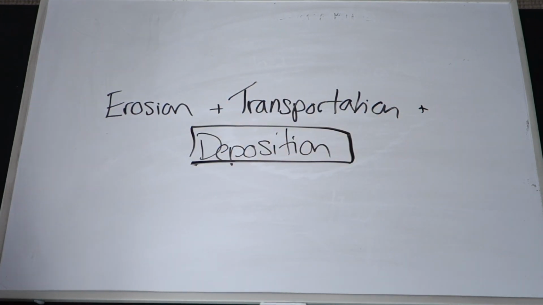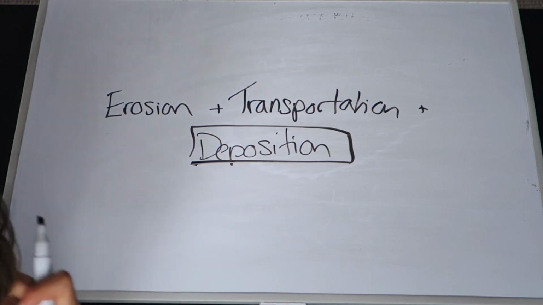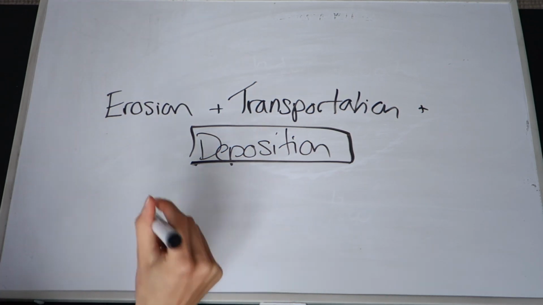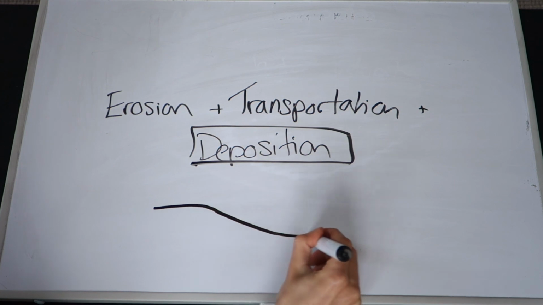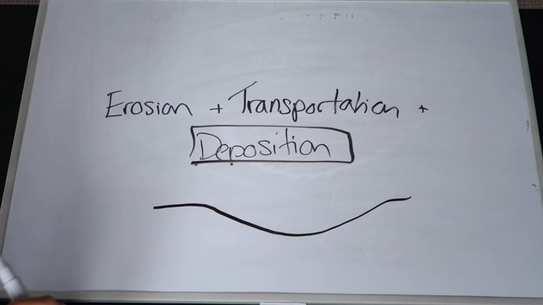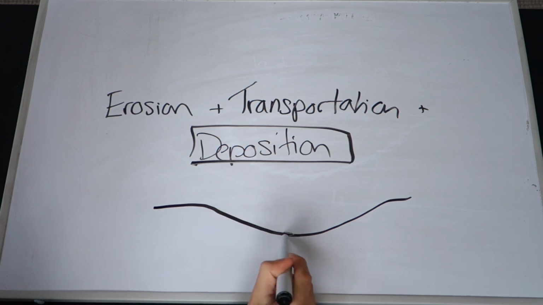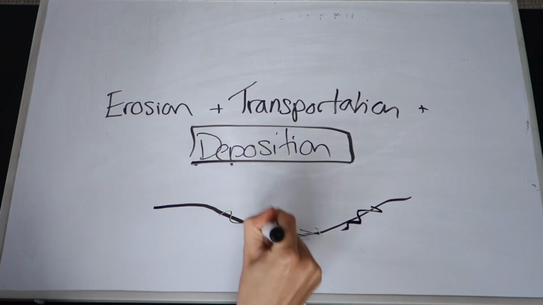Well, deposition is when a river doesn't have enough energy to transport its load anymore. That might happen for several reasons. Remember we talked about friction between the bed of the river, the banks of the river and the water flowing in it.